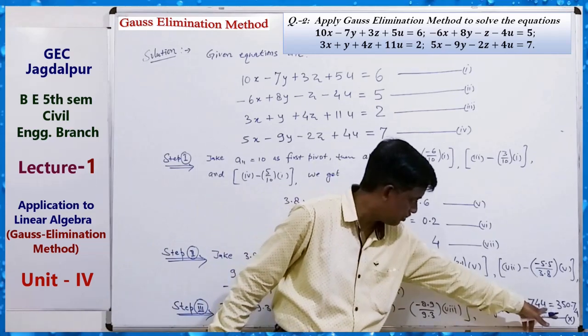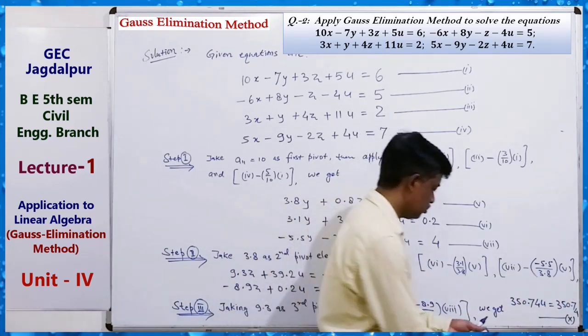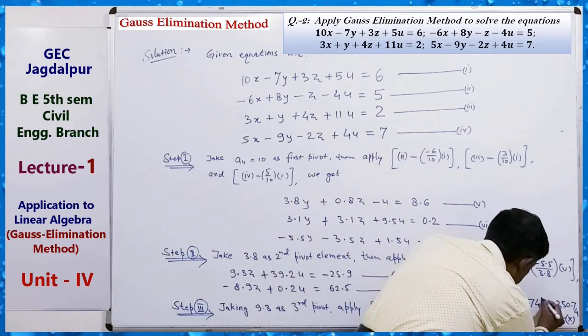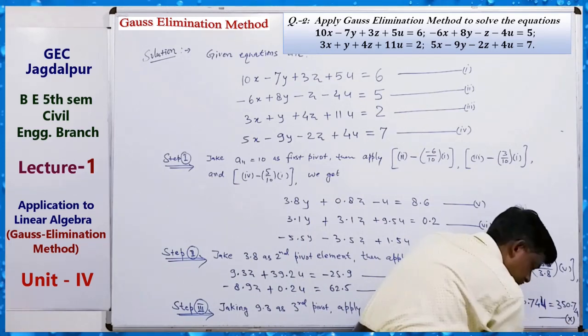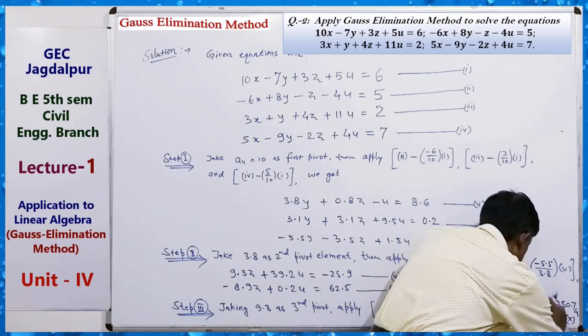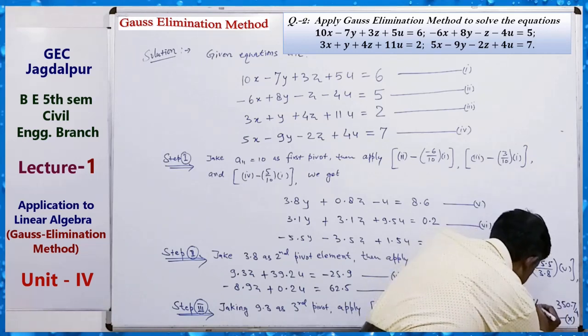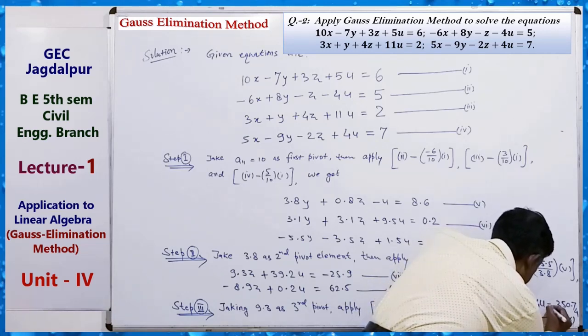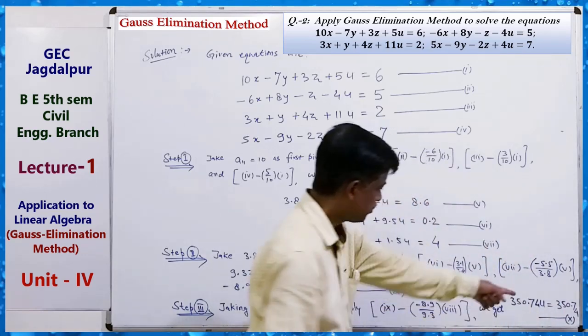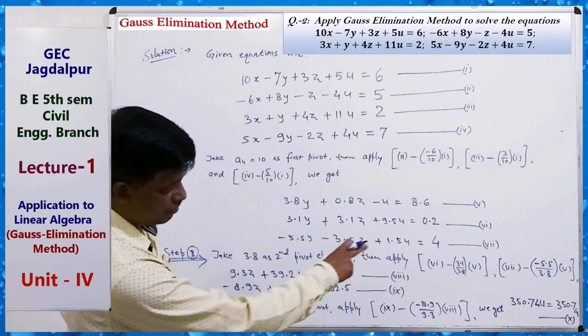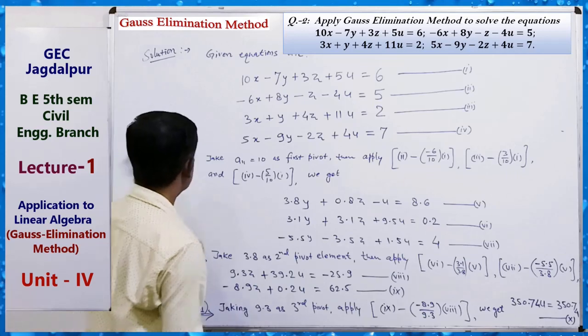From here we can find U equals to, this is U, this is U. So from 10 we can find the value of U.